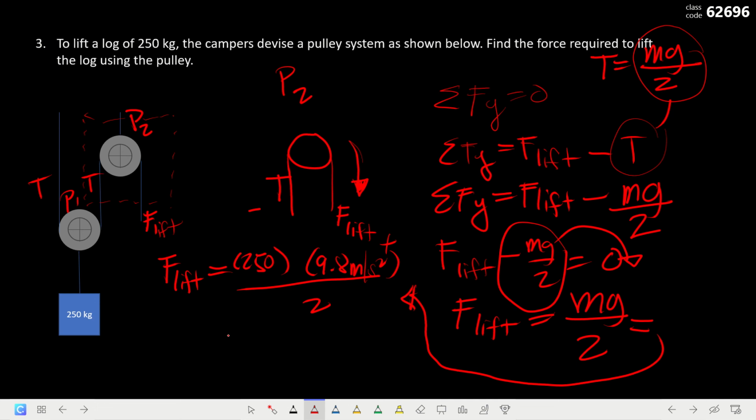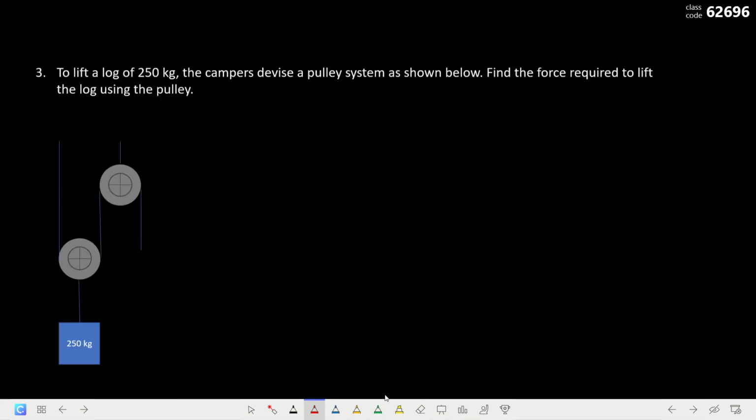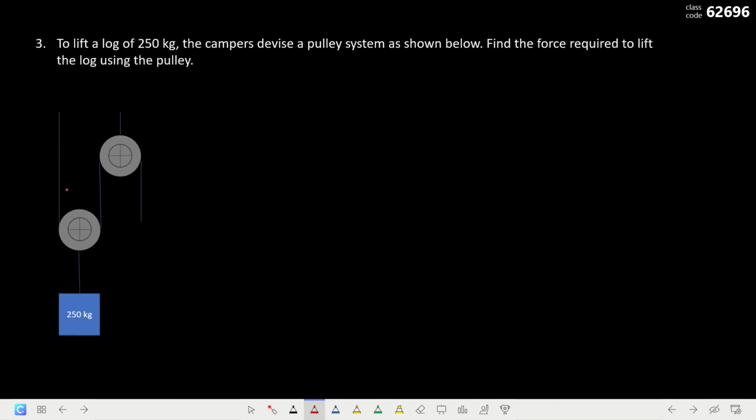So 250 times 9.8 is 2,450 newtons, divided by 2, which is 1,225 newtons. So here we have pulley number 1, pulley number 2, the tension, and the force of lift.